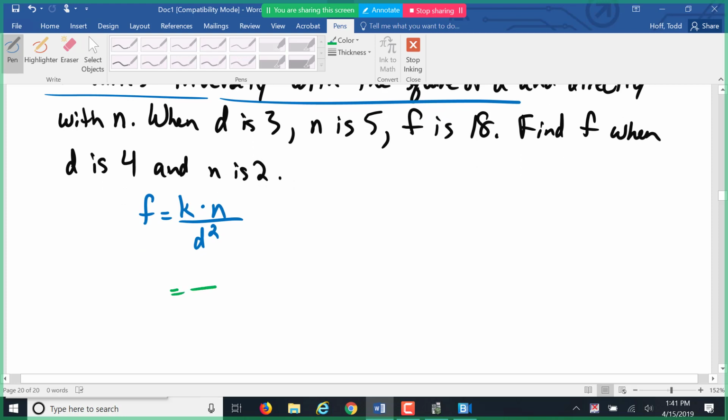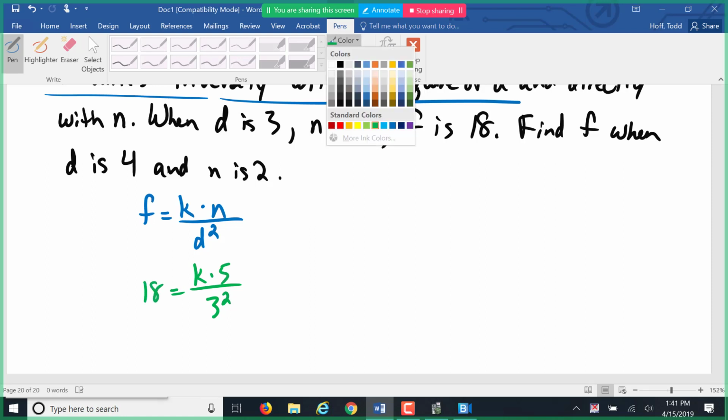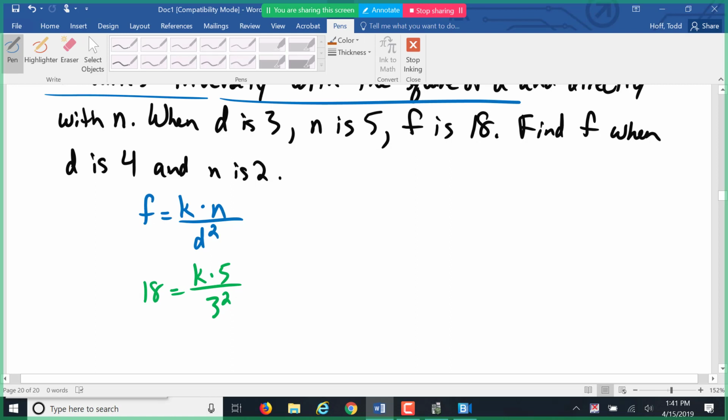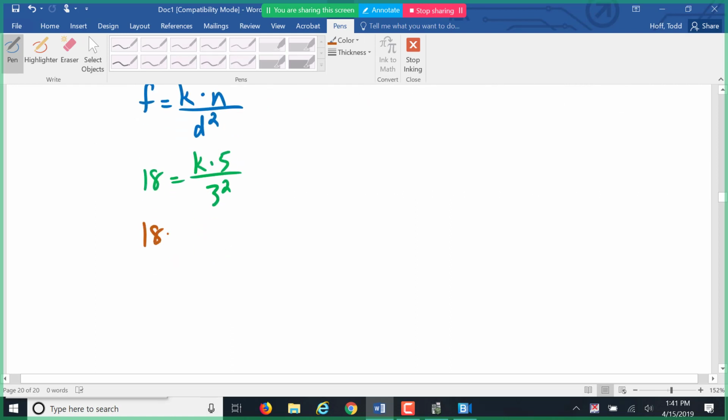So D is 3, so I'm going to put 3 squared there. N is 5, so K times N. F is 18, so let's find out what K has to be. This will be 18 equals K times 5 over 9 once we square the 3.